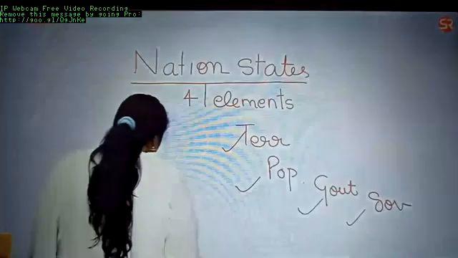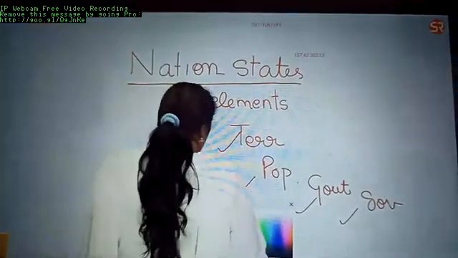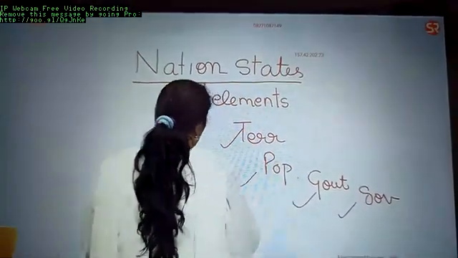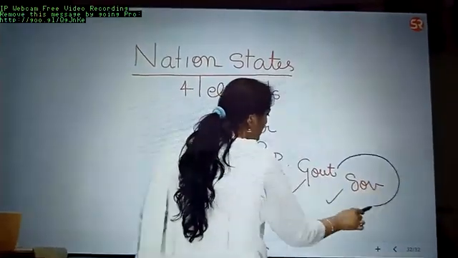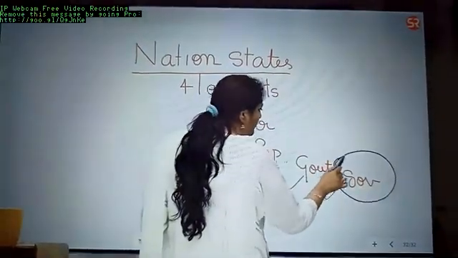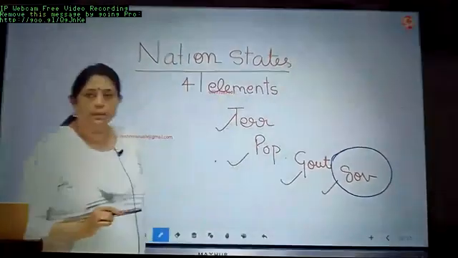Now, what is the most important characteristic of the nation state? Okay? The most important characteristic of the nation state is sovereignty. Okay?